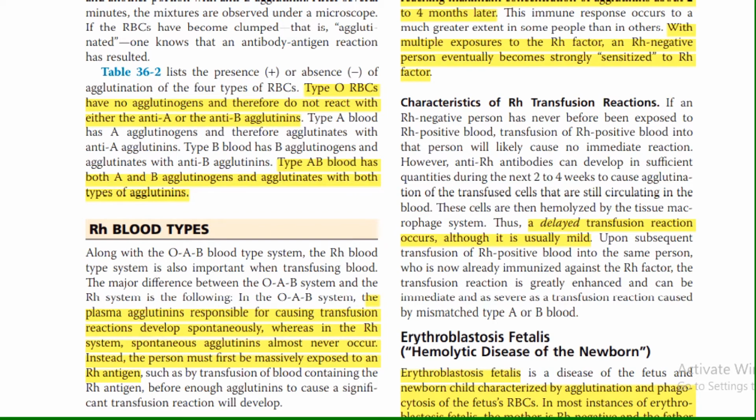A delayed transfusion reaction can also occur, although it is usually mild. Upon subsequent transfusion of Rh positive blood into the same person, who is now already immunized against the Rh factor, the transfusion reaction is greatly enhanced and can be immediate and as severe as a transfusion reaction caused by mismatched type A or B blood.